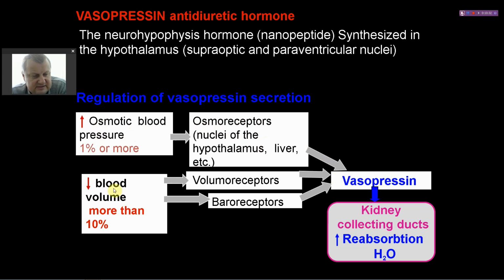And the decreasing of the blood volume is detected by the volume receptors or baroreceptors, and again vasopressin is secreted. Vasopressin acts on the kidney collecting ducts and stimulates the reabsorption of water.